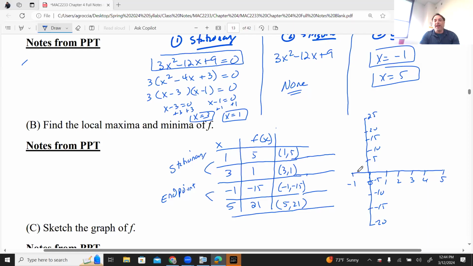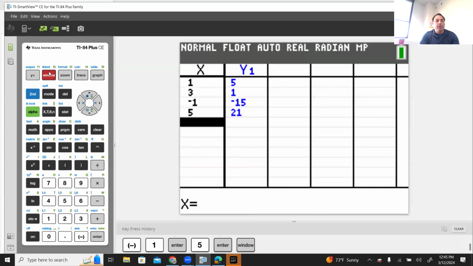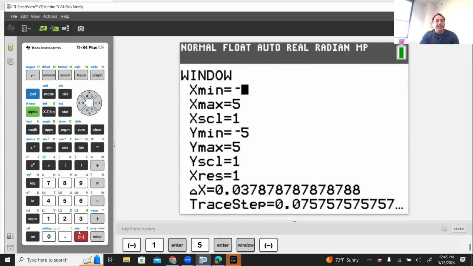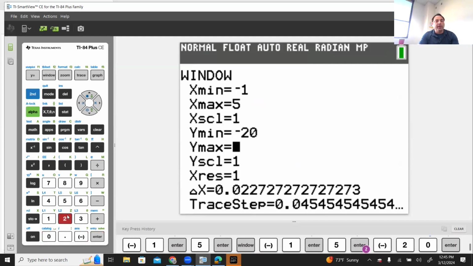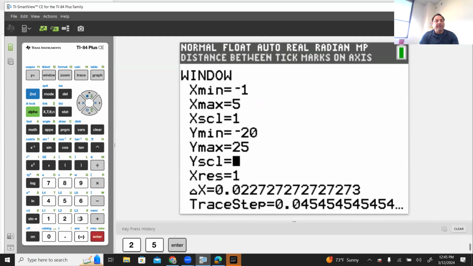So -1 to 5, counting by 1s, -20 to 25, counting by 5s. So we're going to go to window, -1 to 5. And again, I'm being a little strict on that because it's a domain. It begins to exist at -1 and it ends at 5, counting by 1s. And then the y, we have to kind of work around it. So -20 to 25, counting by 5s.